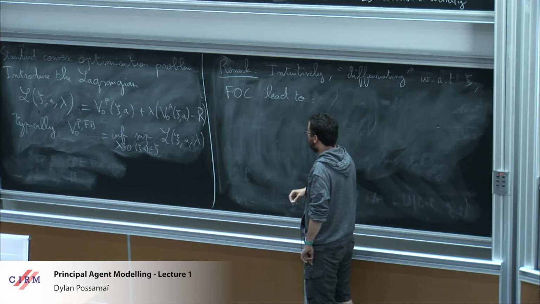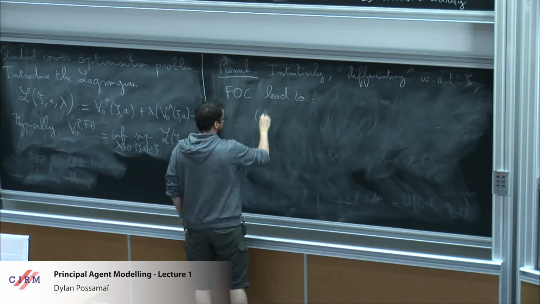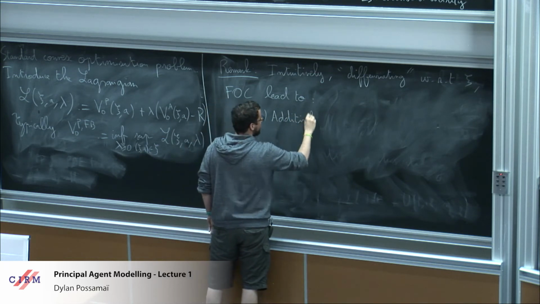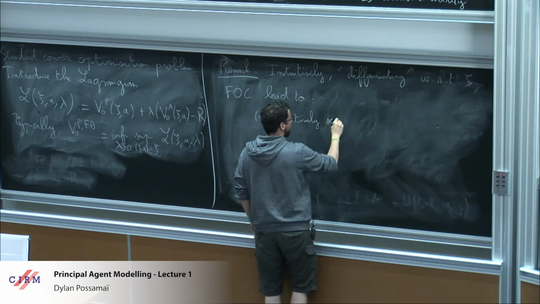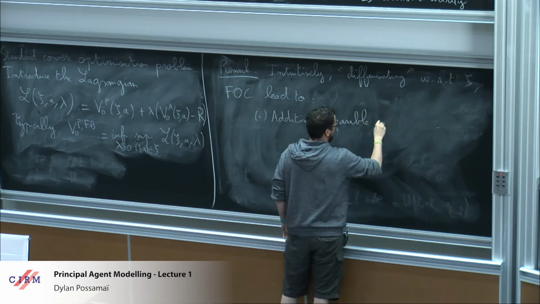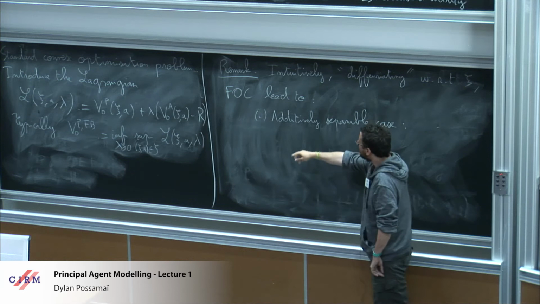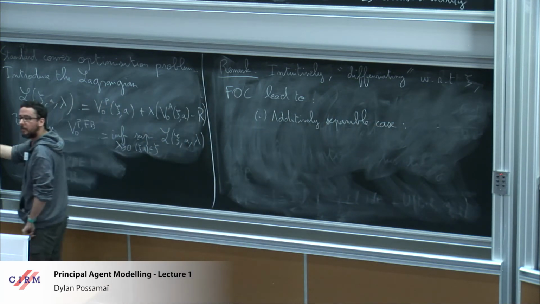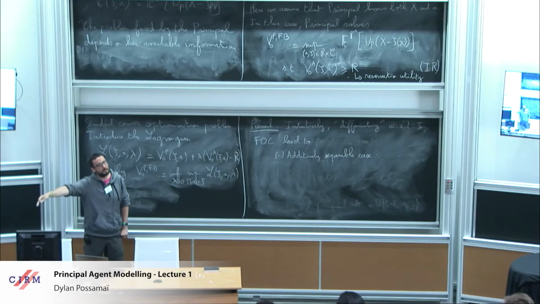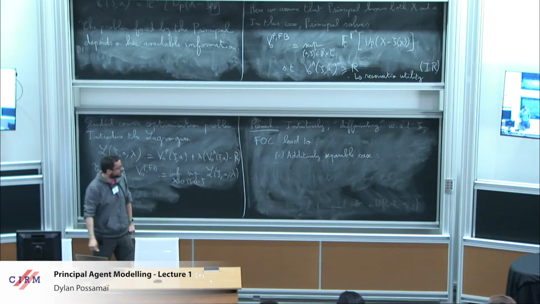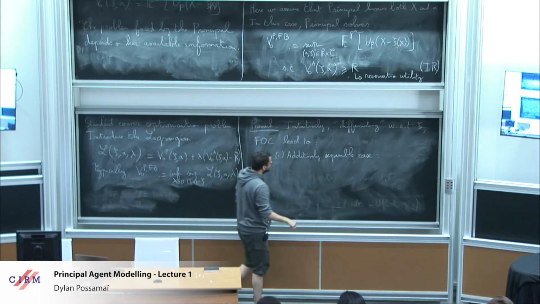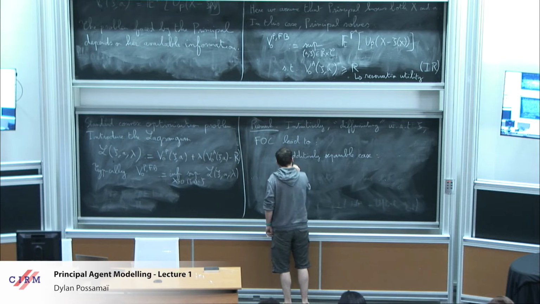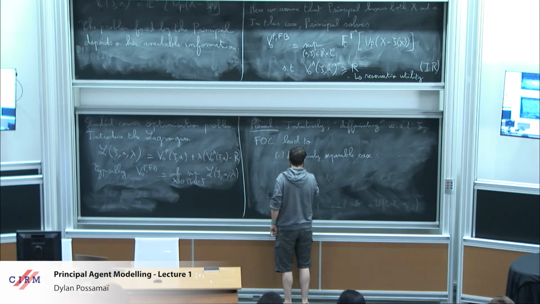And if you go back to the additively separable case, that's the one where V0A here is just expectation of utility of psi minus the cost, with the cost outside. If you do the computations here, this should lead you to the following.